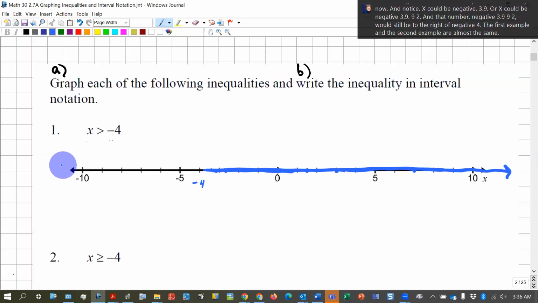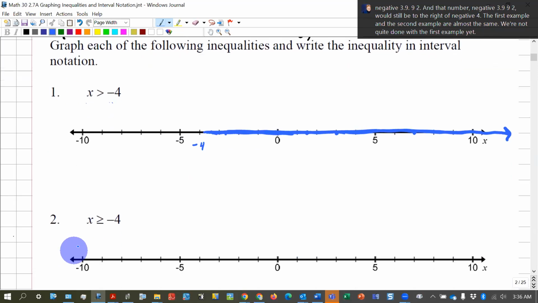We're not quite done with the first example yet. But the second example, we're looking for all of the x values that are greater than negative 4 or are equal to negative 4.